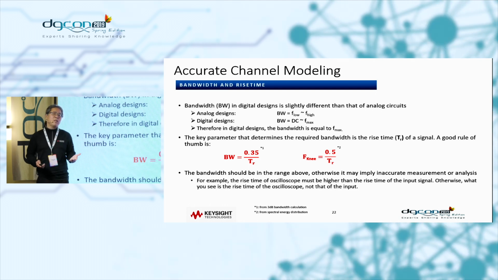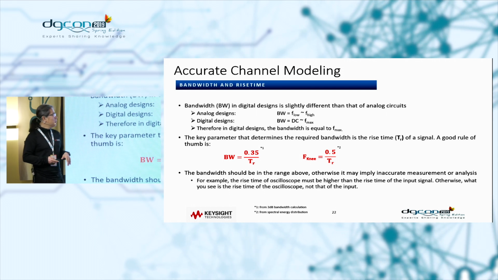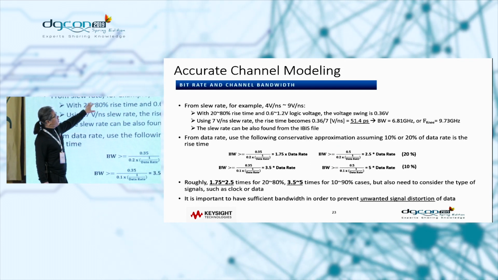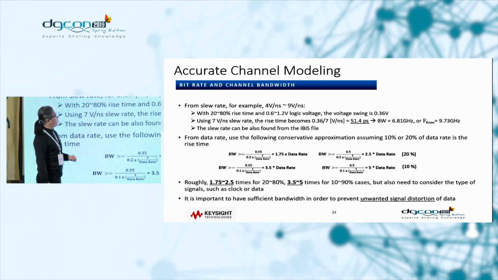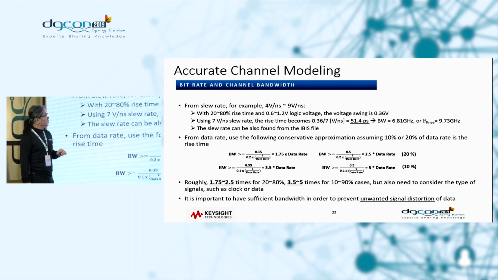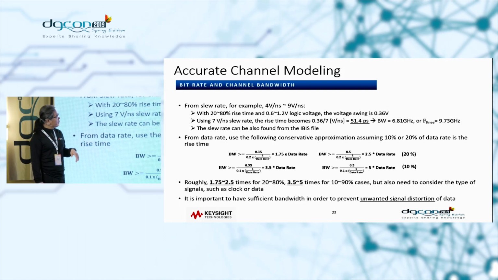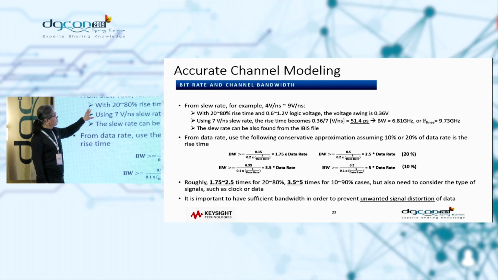But what if you don't have them, such as in some DDR applications? Then you could possibly use the slew rate. For example, here, 4 volts per nanosecond, or 9 volts per nanosecond. This is the typical slew rate.